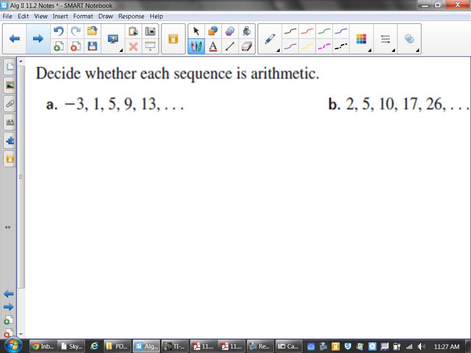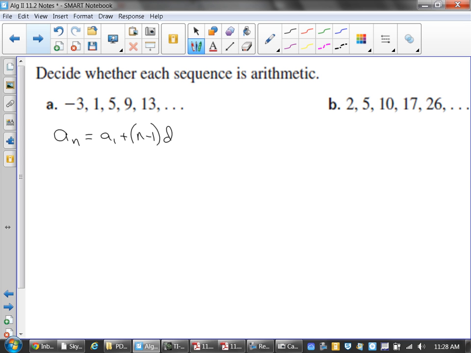Do we agree that it's increasing? It's going up by 4. The d value would be 4. What's the first term? Okay. So what happens here is we can start out with the generic formula. And I'm going to recommend that you write that out a bunch of times when we're doing these because it'll help you put it to memory.